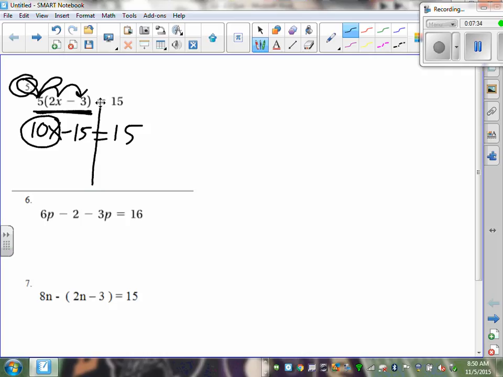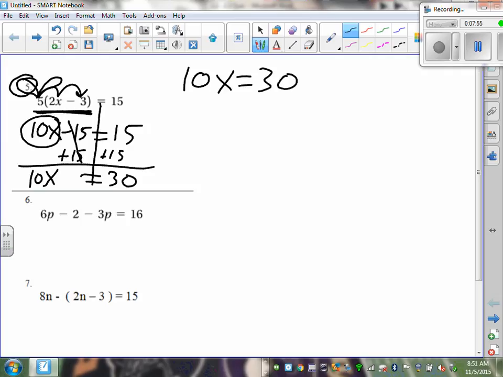What's next to the circle? Minus 15, and what you said in the back was excellent, because that's a minus 15. I need to do the opposite. So I need to add 15, and I have 10x equals, those cancel, 30. So 10x equals 30. This is what we did last week, our one-step equation.